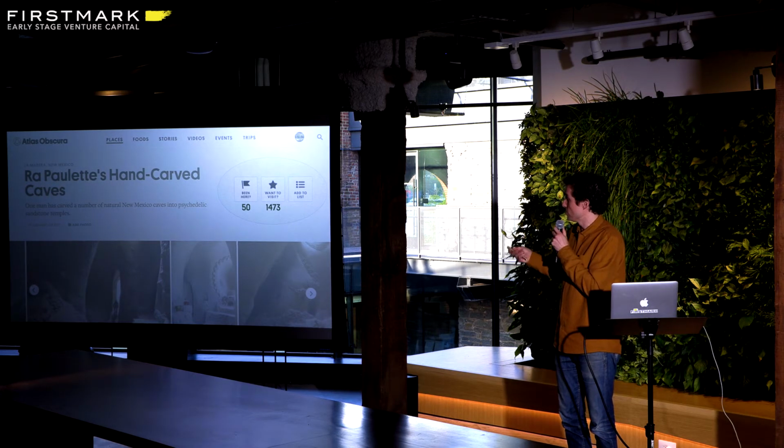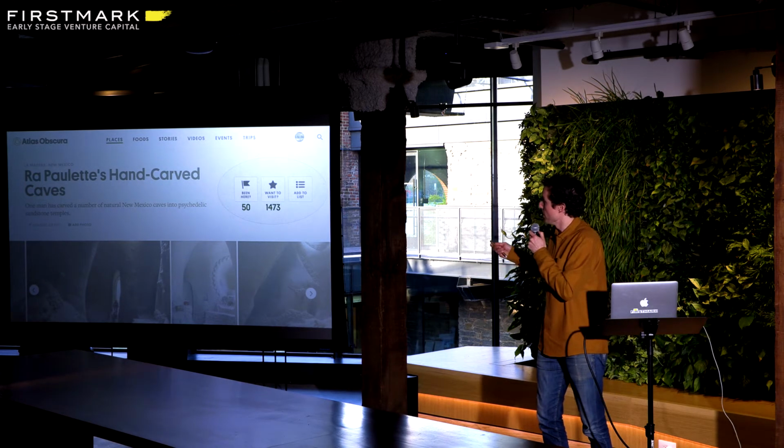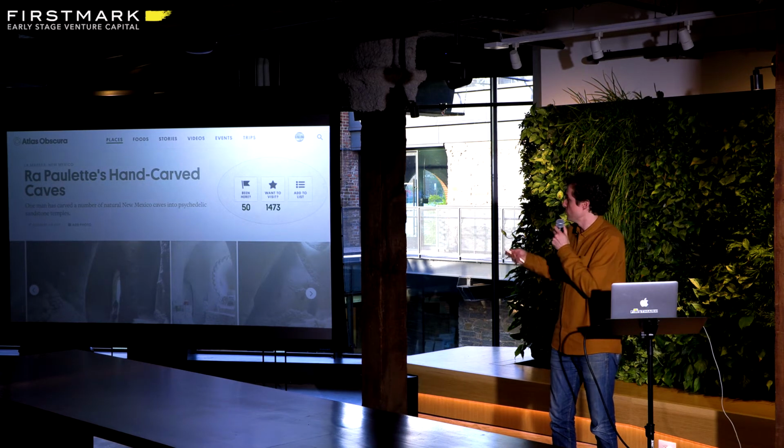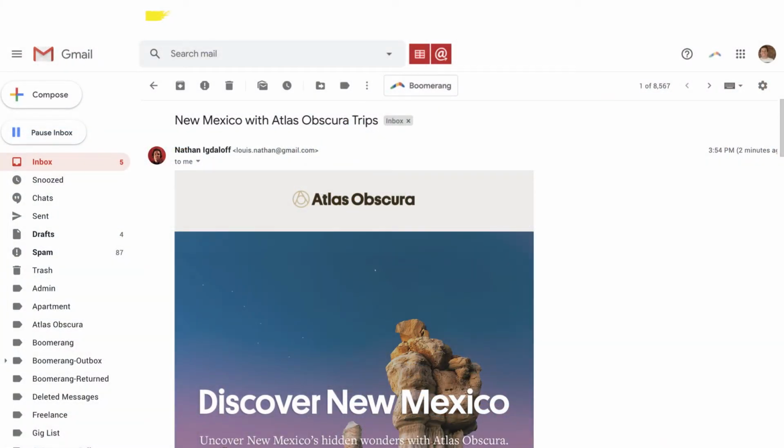But it also serves a great purpose for us, because we can see if there's an uptick in clicks of that want to visit button for places in New Mexico. We happen to have a trip to New Mexico, and we can use that to influence our marketing. This is an example of what we call our destination newsletter, and it is promoting our trip to New Mexico.